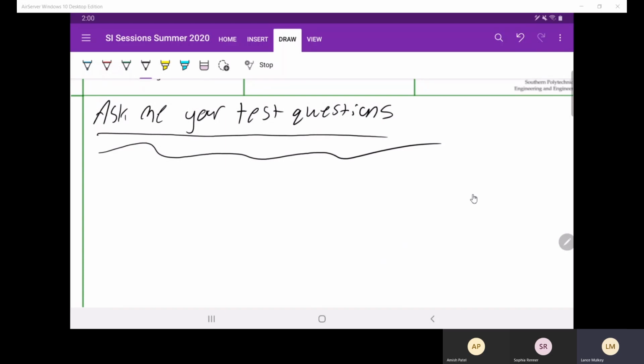If you guys don't have any questions, I can start on an acceleration problem that I can write down for you while we're waiting for any test questions.